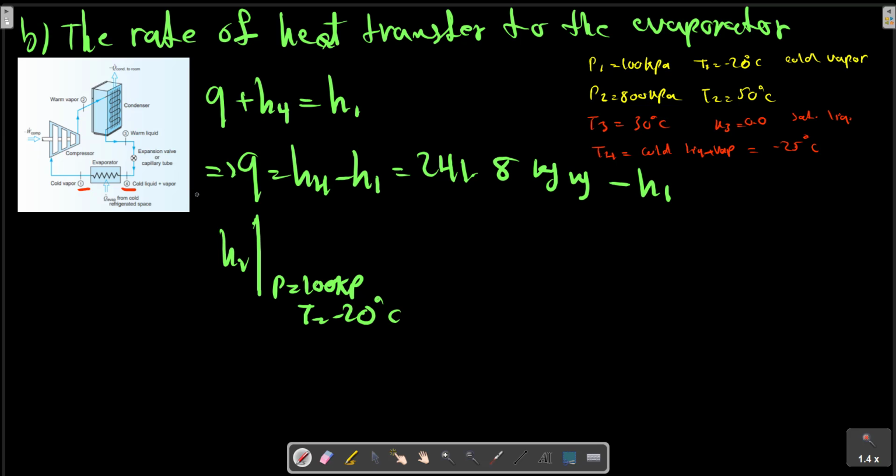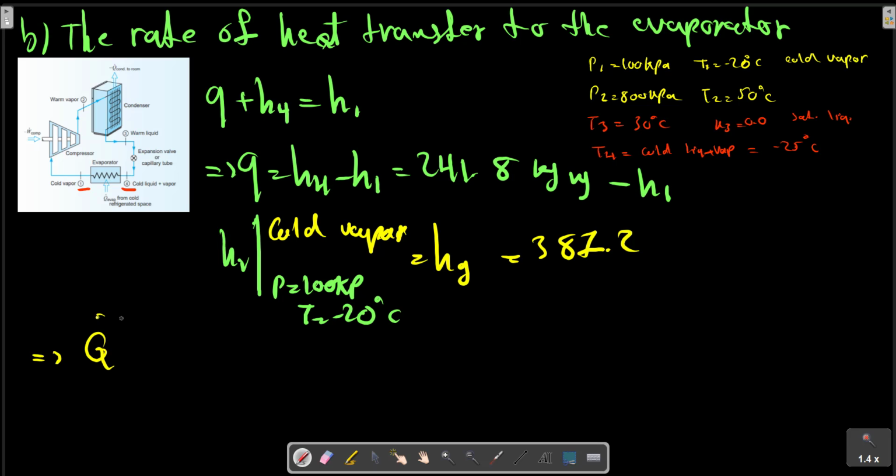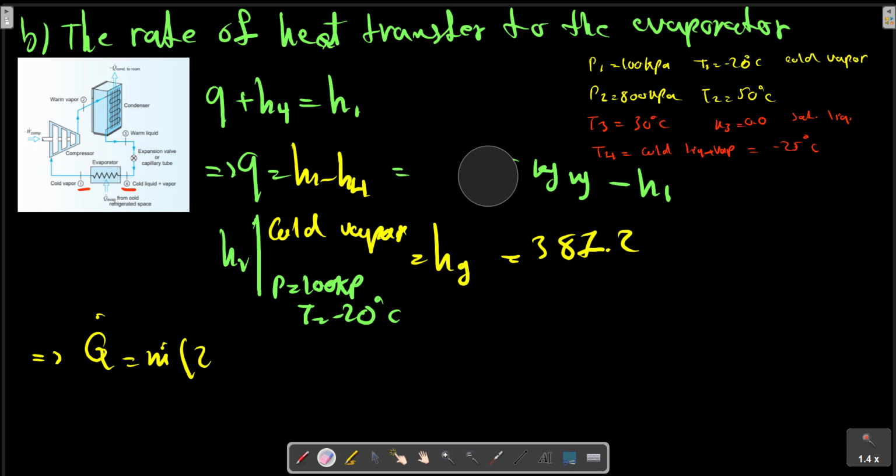From the tables, at temperature equals to minus 20, we can extract H. We have cold vapor, HG, which is approximately equal to, so Q dot equals to m dot times H1 minus H4. Let's make a correction.